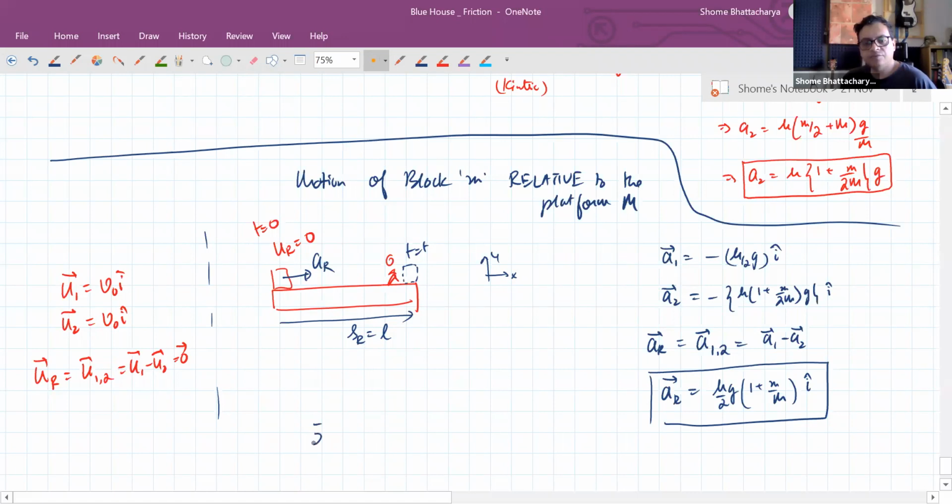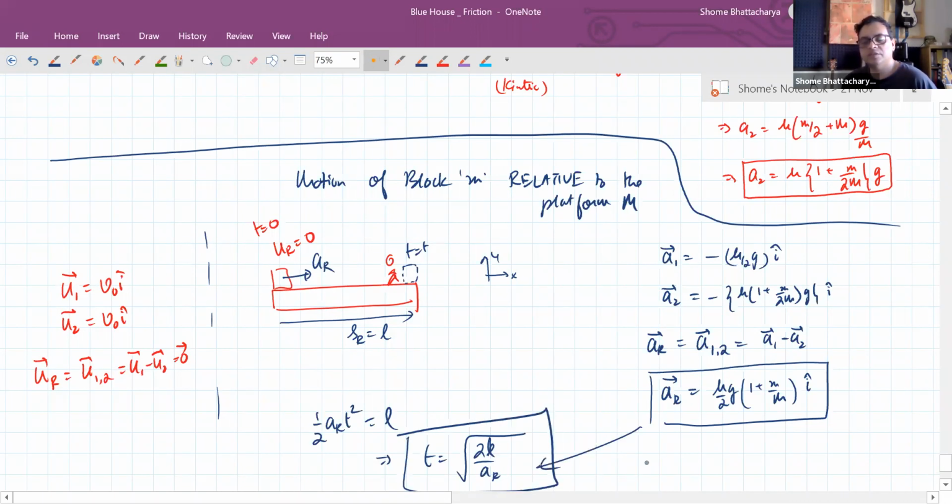So half A_R into T square should be equal to L. So the time taken is square root of 2L upon the relative acceleration. So this is what we wanted to solve when we substitute relative acceleration. So that is how you'll get the time taken before the smaller block separates from the bigger block.